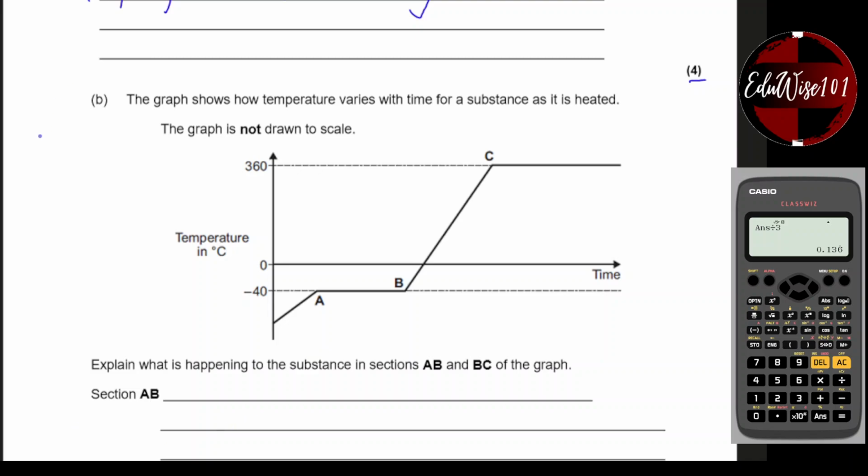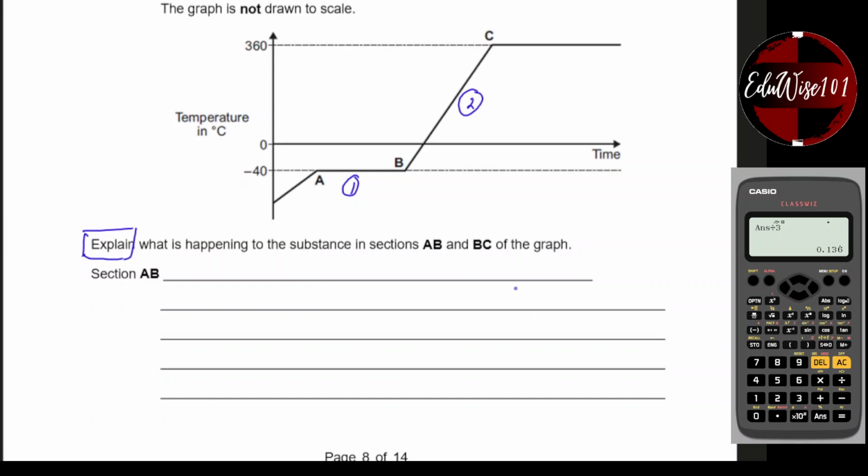Now, explain what is happening to the substance in sections A, B, so in this section, and B, C, and in this section here. So, first we need to talk about that section and then explain what's actually happening in that section. What is happening to the substance in AB, right?